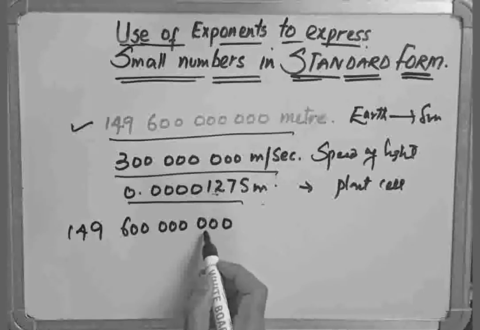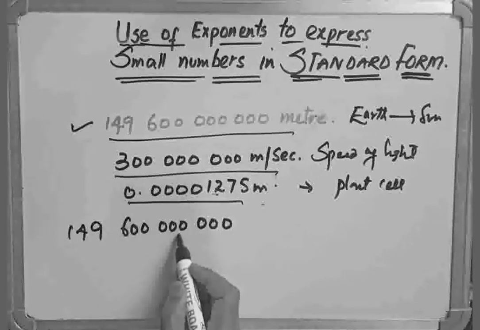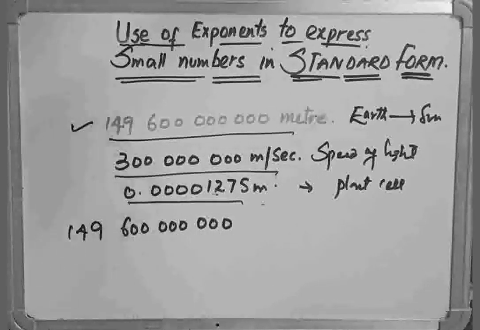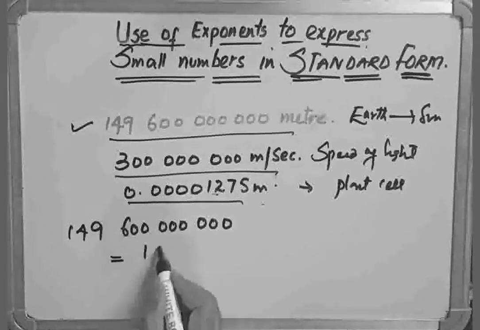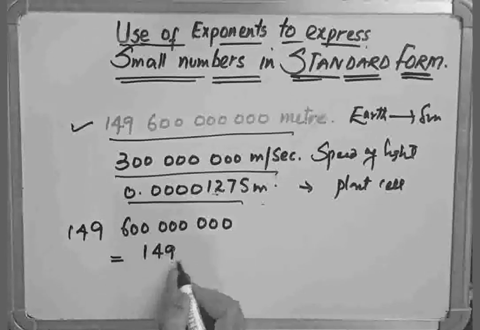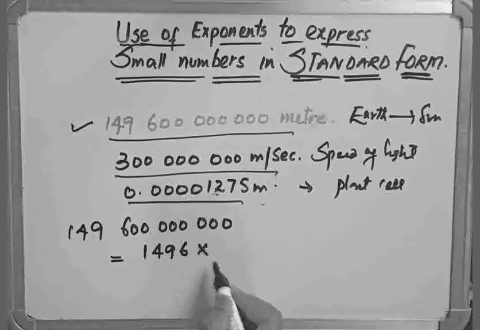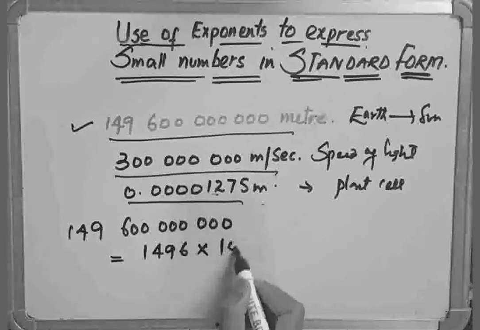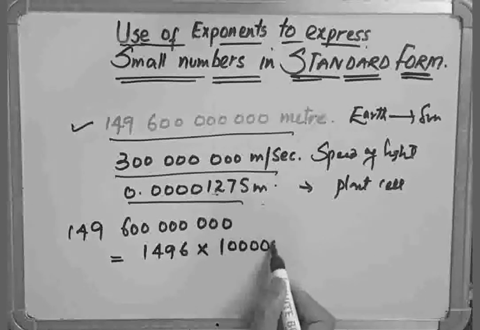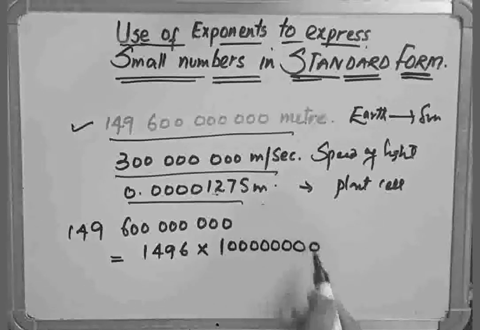There are as many as 3, 6, 7, 8 zeros. There are 8 zeros. So we can put it like this. We know that 1496 into 1, 2, 3, 4, 5, 6, 7, 8 zeros. So this can be put in this form as well.